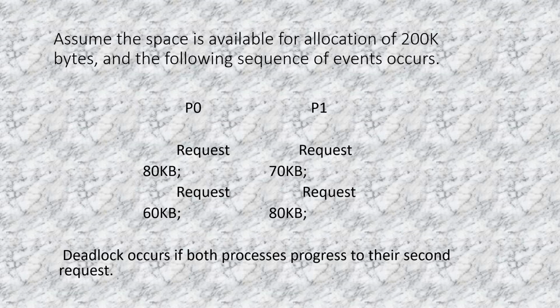P0 is waiting for 80 KB more, which P1 holds, and P1 is waiting for 70 KB more, which P0 holds. This results in a circular wait situation where neither process can release the resources the other needs, leading to a deadlock.